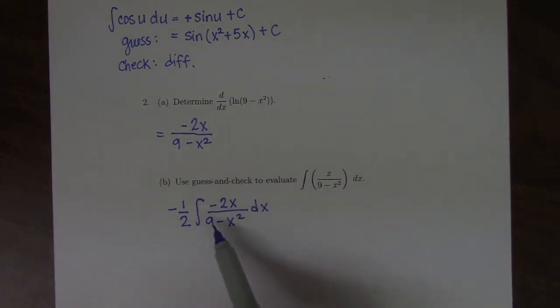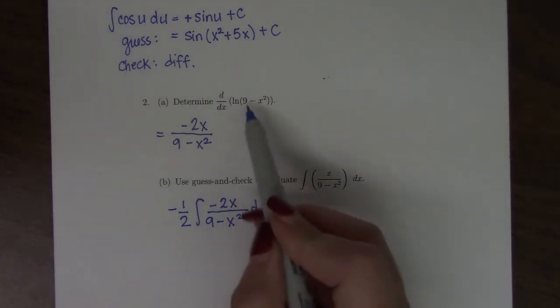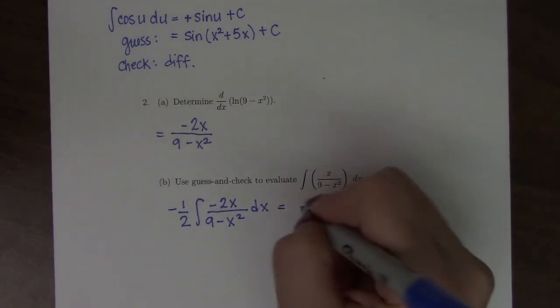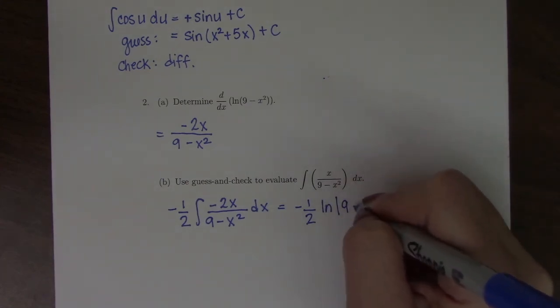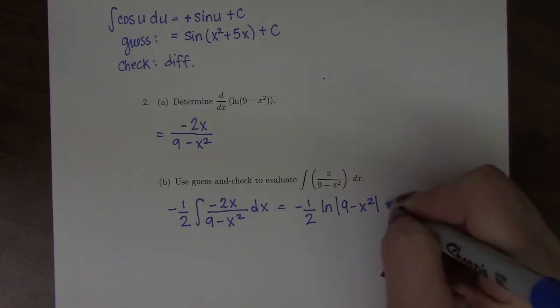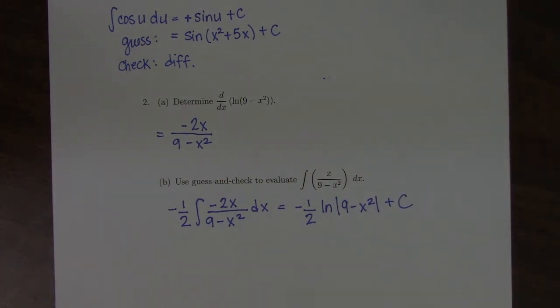Well, now I can see that what's inside this integral matches the derivative of this function. And I can say, well, this is negative 1/2 times the natural log of 9 minus x squared plus c.